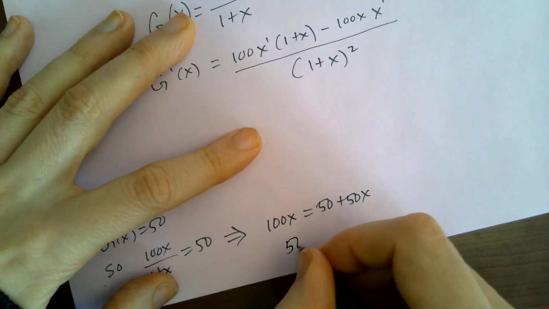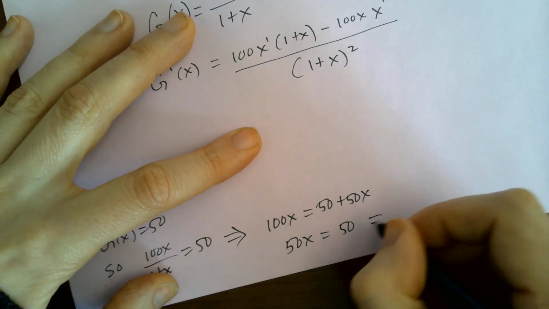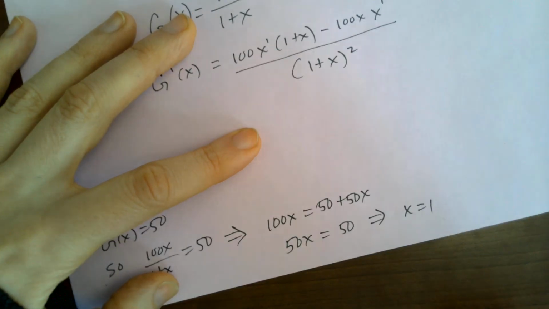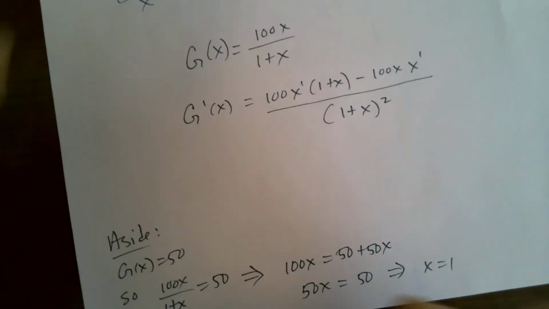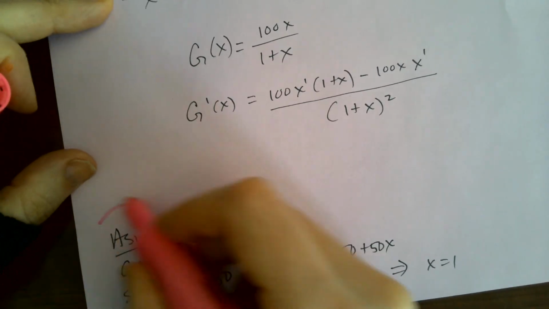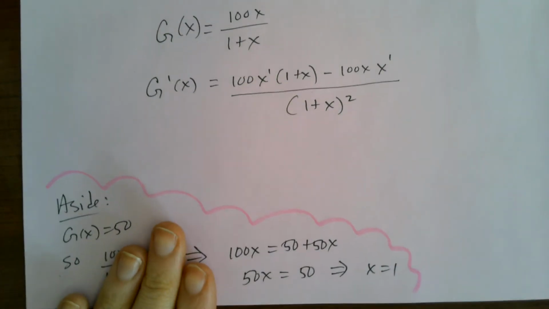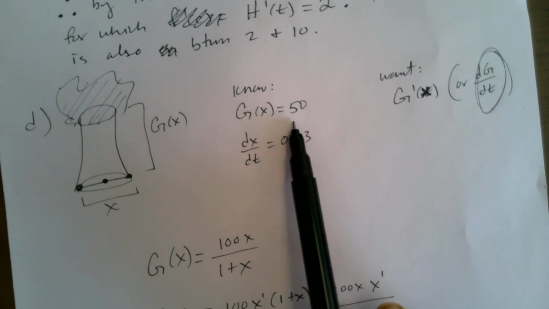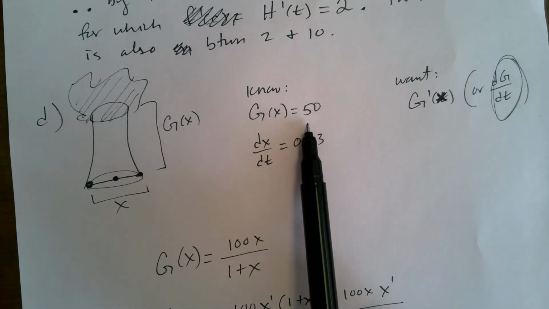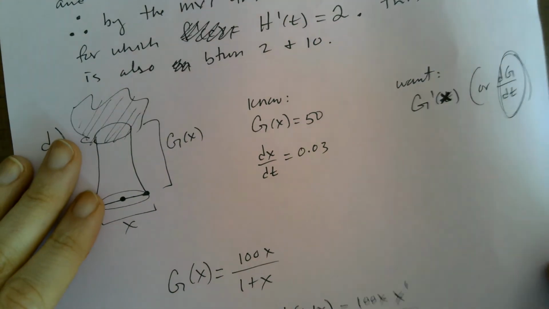Then you get 50x equals 50, x equals 1, all right? That actually took me a while to see that. All right, so there's that. So I guess from the start, if they're telling you g of x is 50, maybe you see if you could find anything else with that.